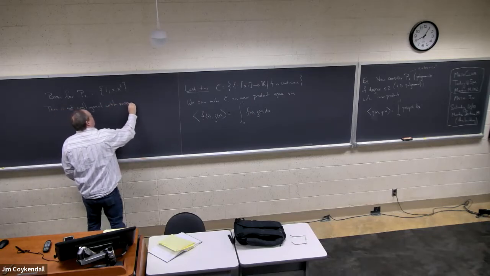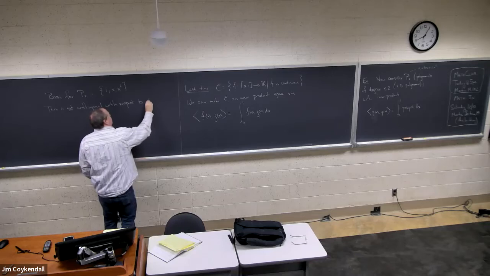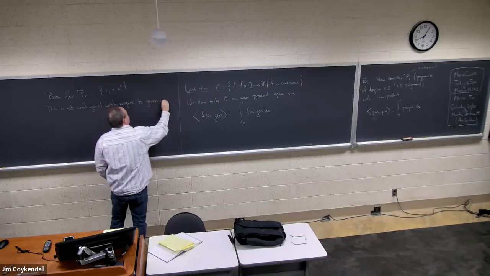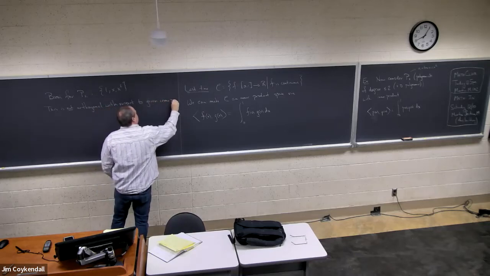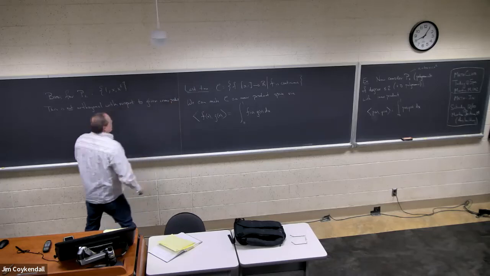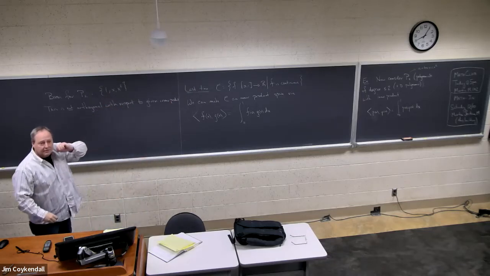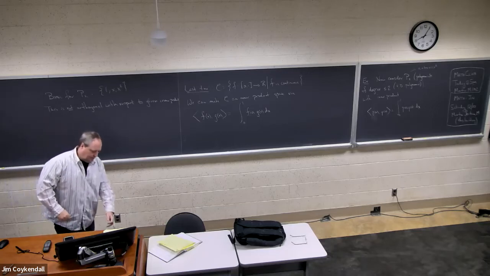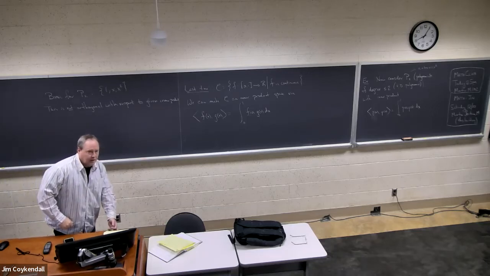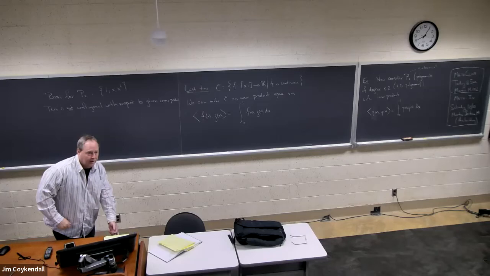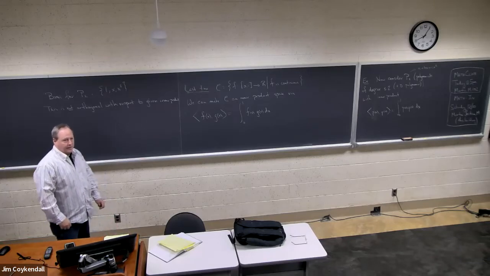Whenever you write them in vector form they're in different rows, so whenever you do the dot product it's going to be 0.